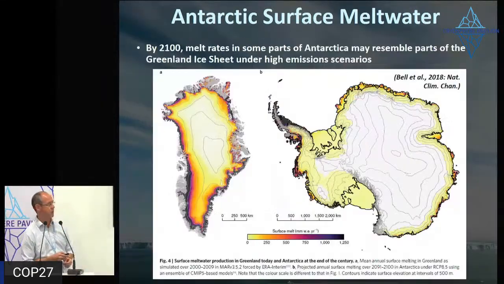around East Antarctica? Well, this is a map that's comparing melt rates on the Greenland ice sheet at present, and then on the right is a map of melt rates over Antarctica at 2100. So that's under a high emission scenario.